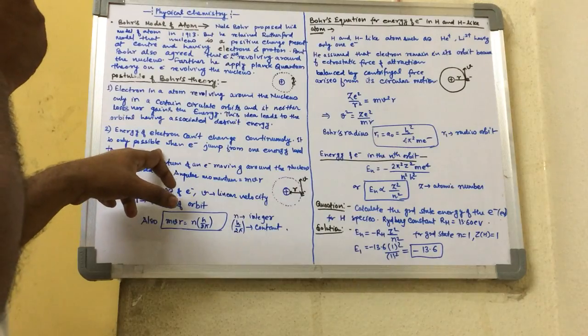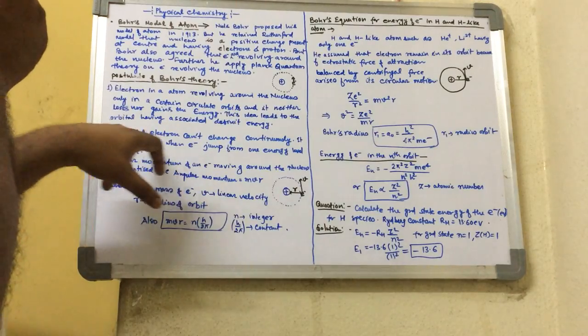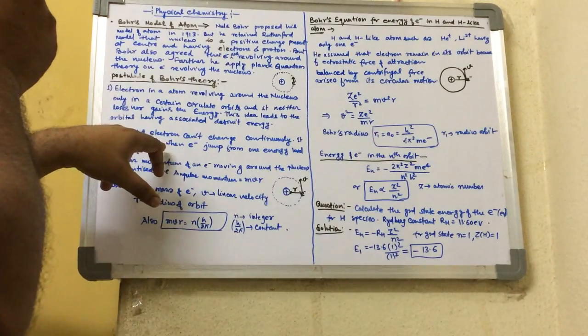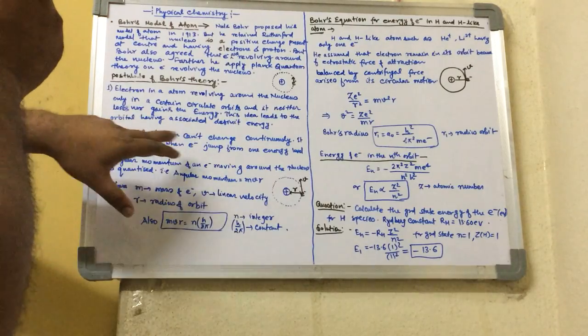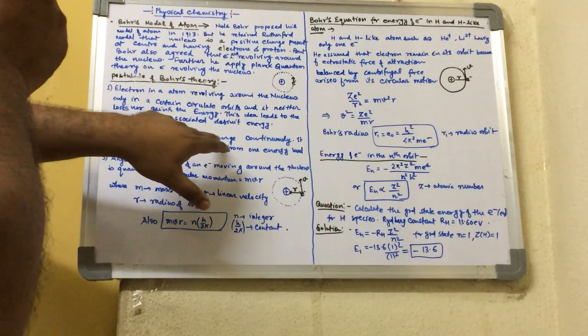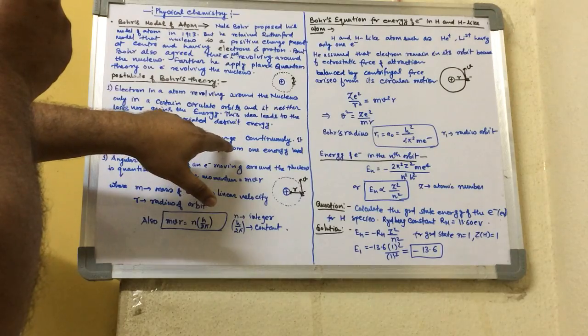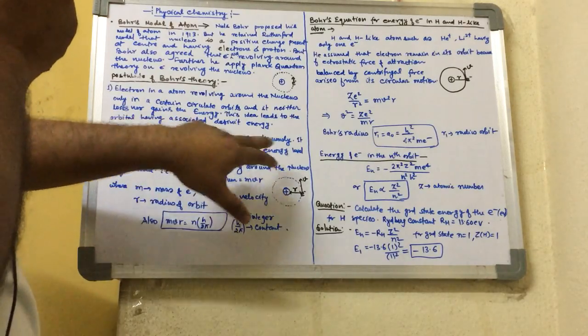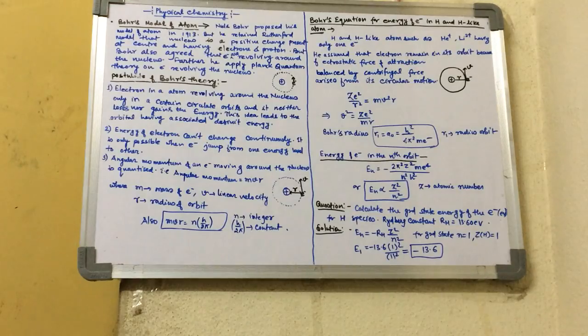So this sentence is telling us like this: when the energy changes, then electron jumps from one energy level to another energy level.